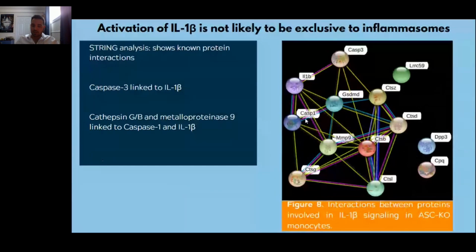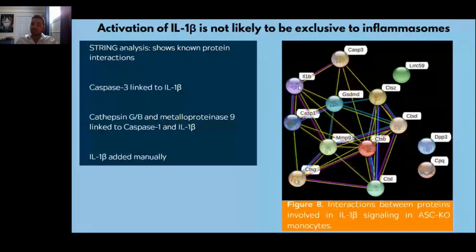Also, we have other interesting interactions, such as cathepsin G, metalloproteinase 9, and cathepsin B that are linked to IL-1 beta and caspase-1. Thus, maybe these proteases can activate caspase-1 or IL-1 beta, and then lead to the activation of IL-1 beta, even if the ESC protein is not there and the inflammasome cannot be formed.